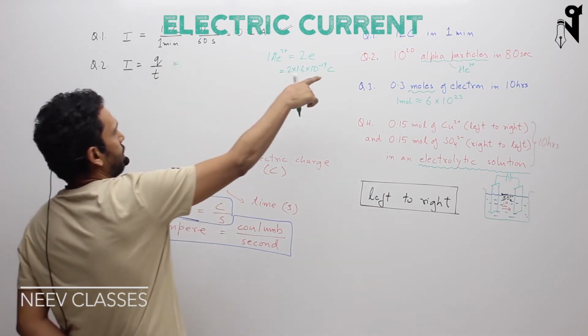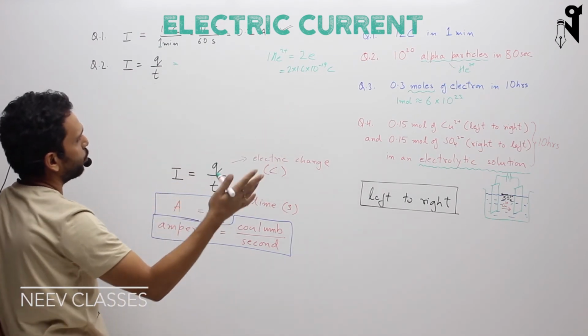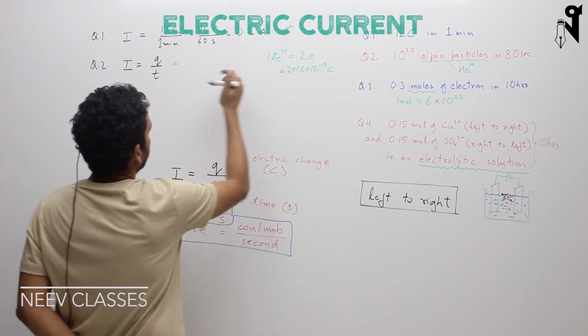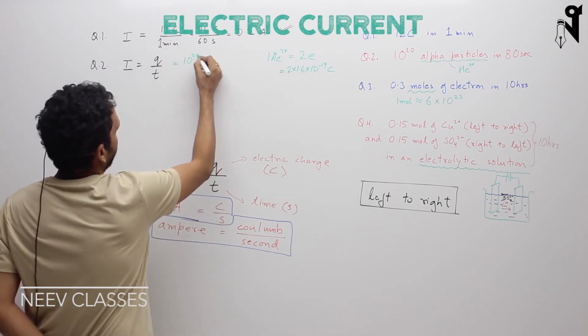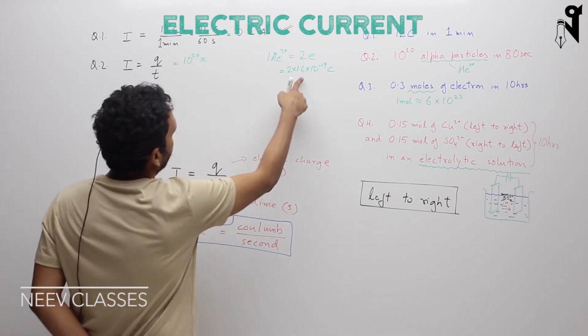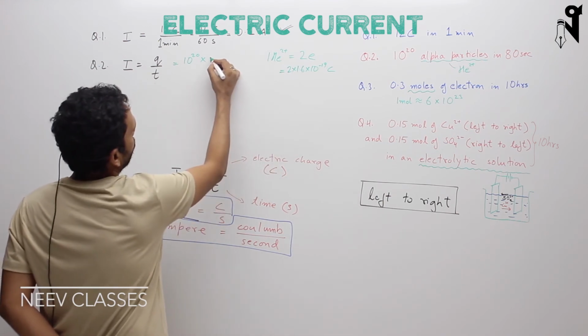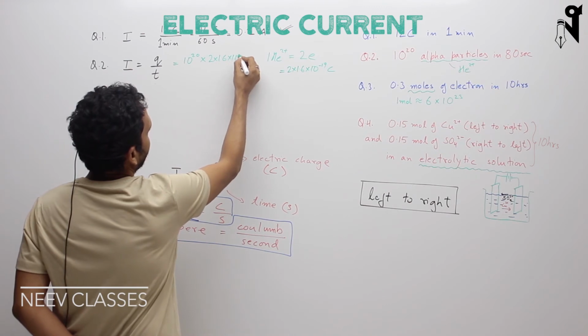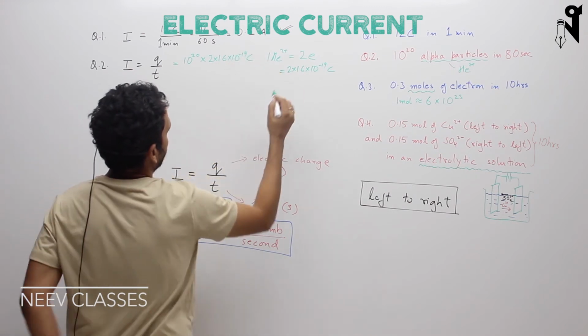So 10 power 20 alpha particles would be how much charge? 1 alpha particle is so much charge, so 10 power 20 would be 10 power 20 into so much, which is equal to 10 power 20 into 2 into 1.6 into 10 power minus 19 coulombs.